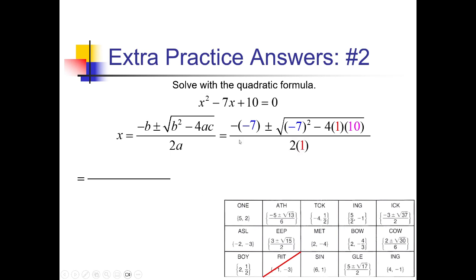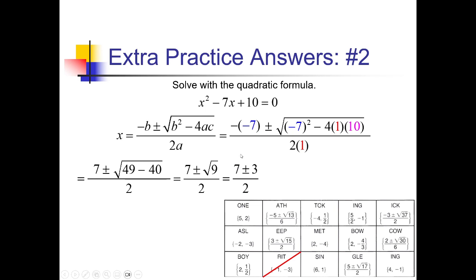So simplifying, negative 7 is 7, plus or minus square root of, this is going to be 49, minus 4 times 1 times 10, so that's going to be minus 40, all over 2. 49 minus 40 is 9, and then the square root of 9, that works out neatly, that's 3. So we have 7 plus or minus 3 over 2, which we can now simplify into 2 more specific answers.